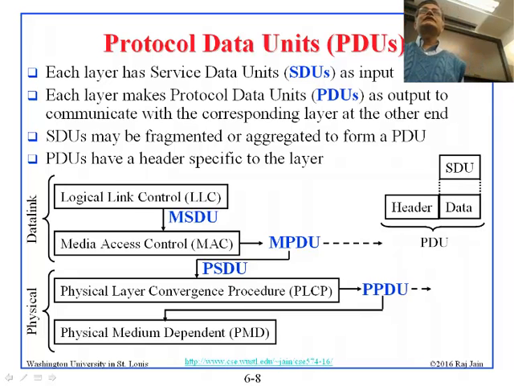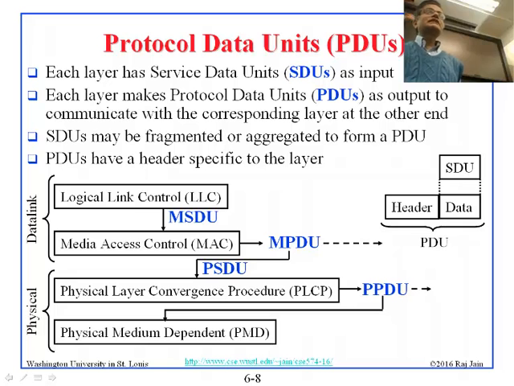So that PDU would be a segment. And the application PDU is called a message. So messages become segments, segments become datagrams, datagrams become frames. So yes, the Ethernet things are called frames, and those would be MAC PDU.